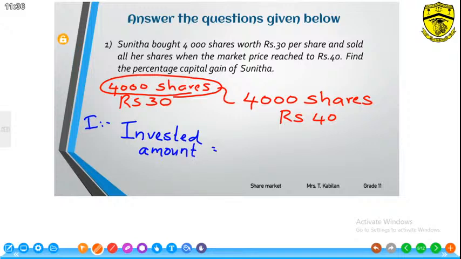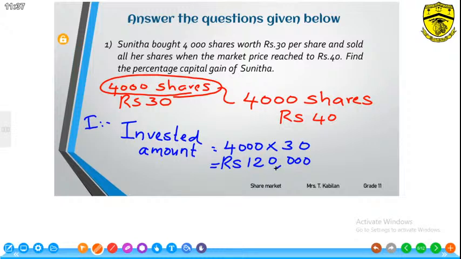I already told you in the last class: multiply the number of shares by the price per share. So multiply 4,000 by 30. 4 into 3 is 12, add the zeros, so 120,000 is the invested amount.